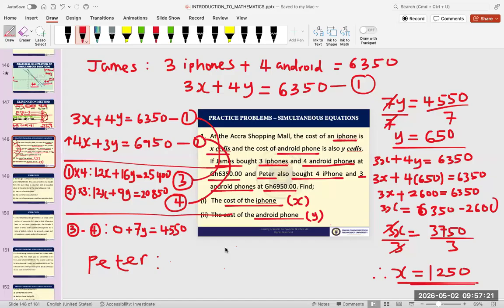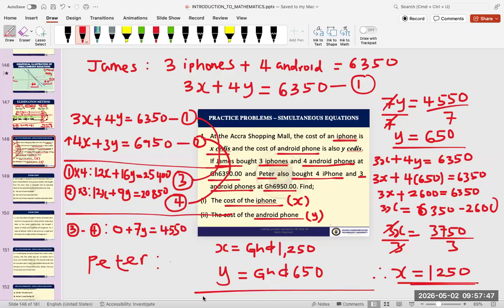Meaning that the iPhone X is costing 1,250 Ghana cedis, and then the Android phone Y is also costing 650 Ghana cedis.